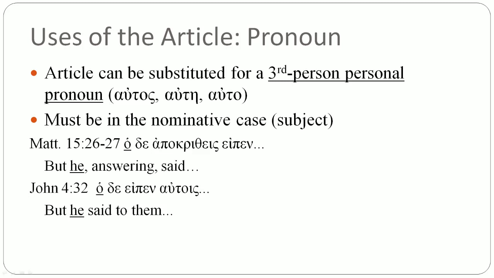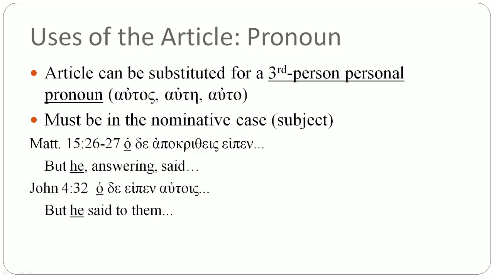A couple of examples here. From Matthew chapter 15, ho de apokritheis eipen. Right there at the beginning of that sentence, you have the article ho. De is of course a post-positive, so that's going to be translated first, even though it comes second in the Greek. So, but, and then but he.